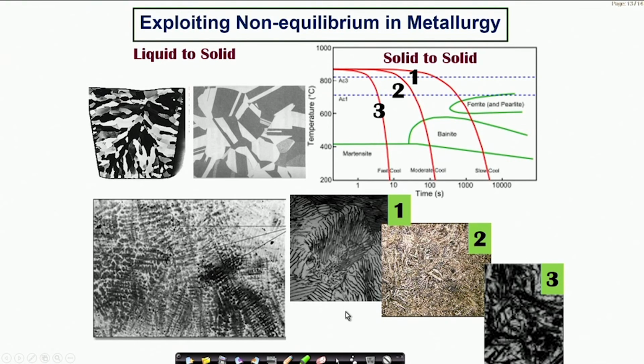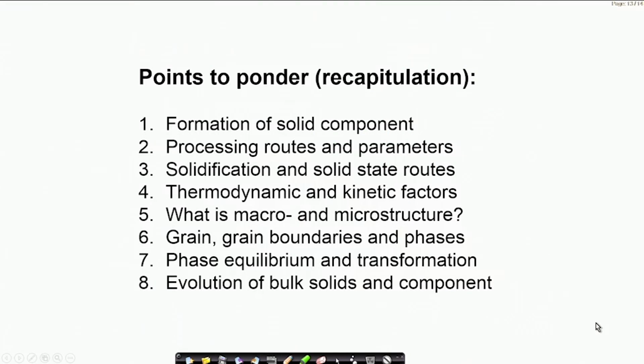Simply going by the mechanical property, one can easily understand that the mechanical property would significantly differ from 1 to 2, 2 to 3, just because of differences in microstructure from the same composition of the same alloy. So what is important is that we must appreciate the value of understanding microstructure.